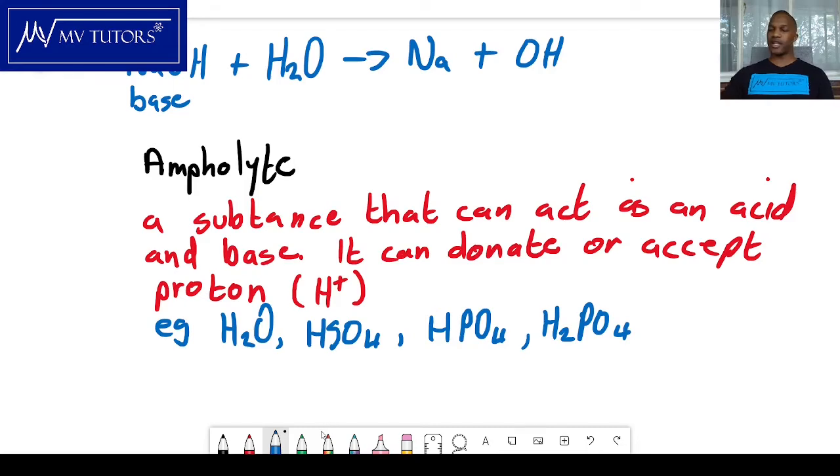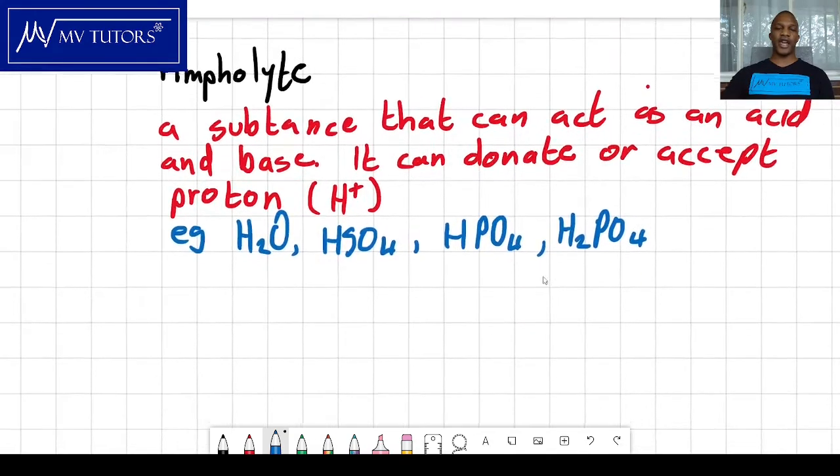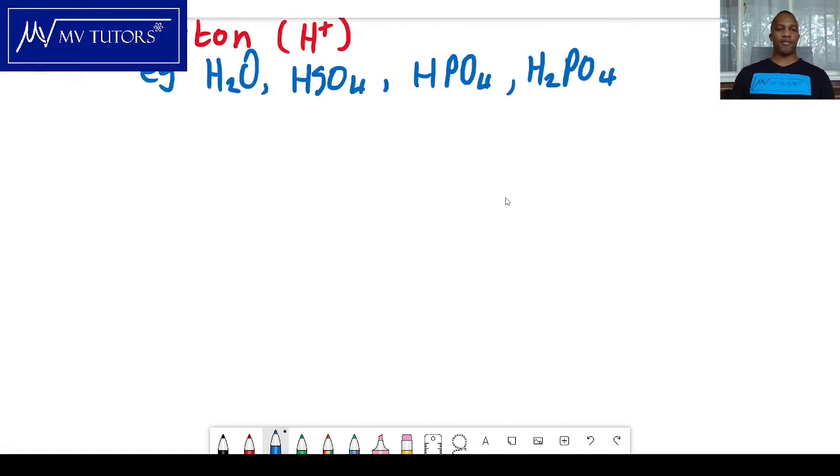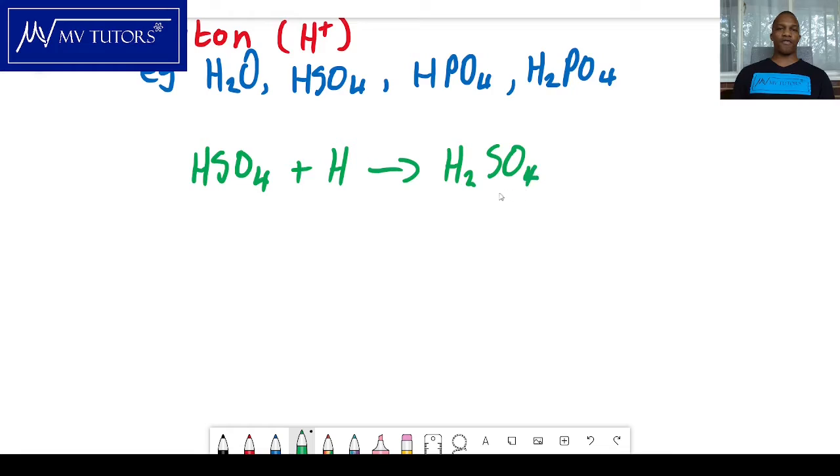But let's take a look at them in action. Let's take HSO4, and then I add a hydronium, and it becomes H2SO4.